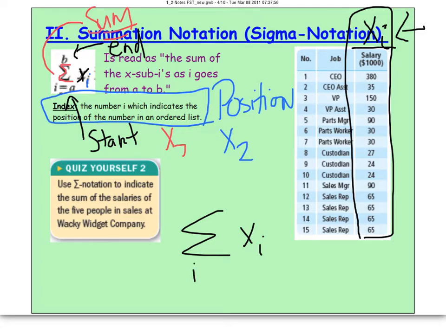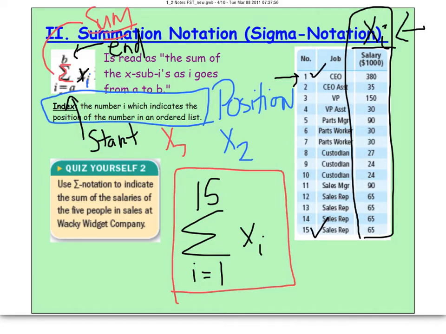I start at the i in the first position, who is the CEO, and at the top I tell it what number to stop at. I want to go from position 1 all the way to position 15, so I would write this. This is all you need to have written on the paper to tell someone to sum all the x sub i's, in this case salaries, from the first person up to the 15th.